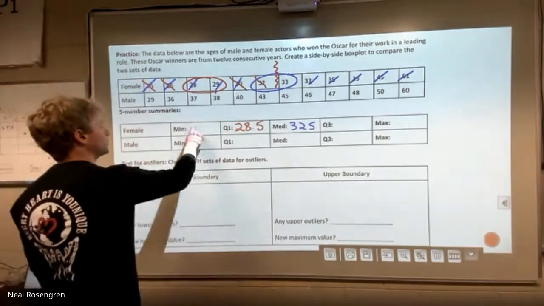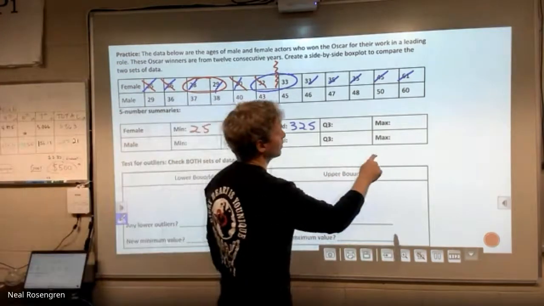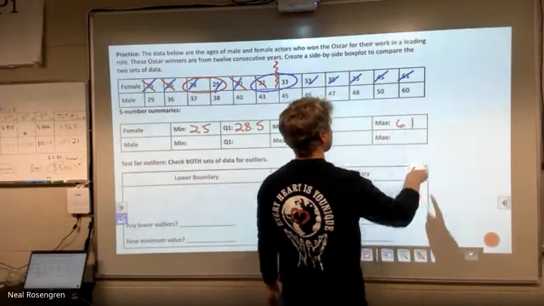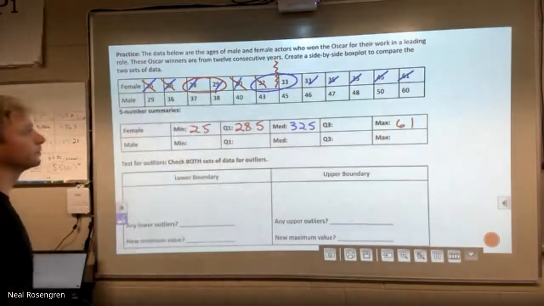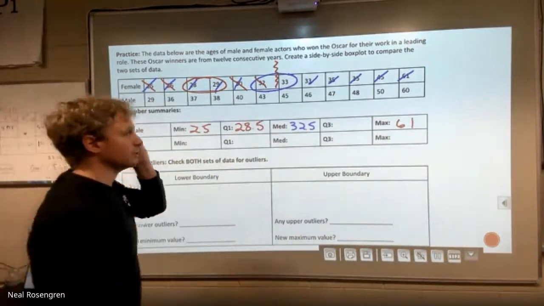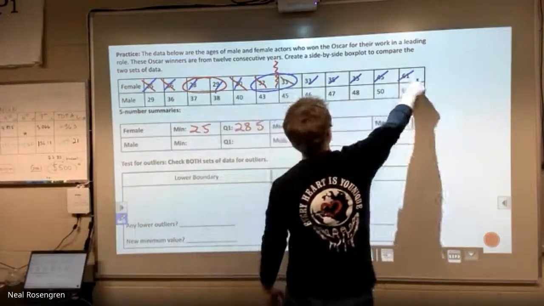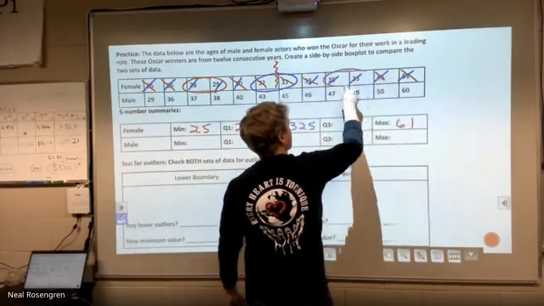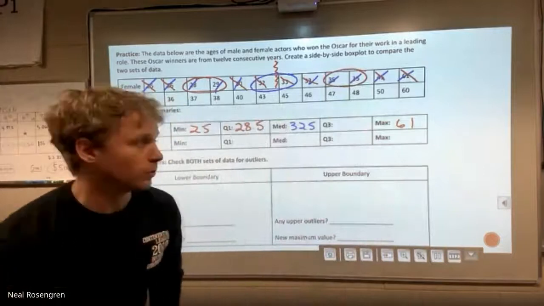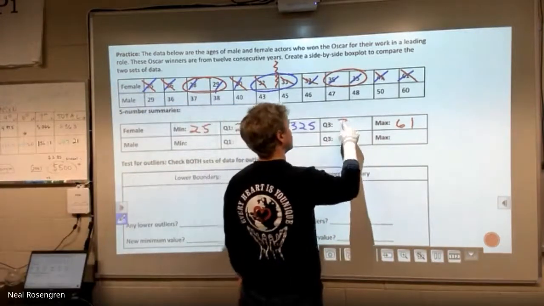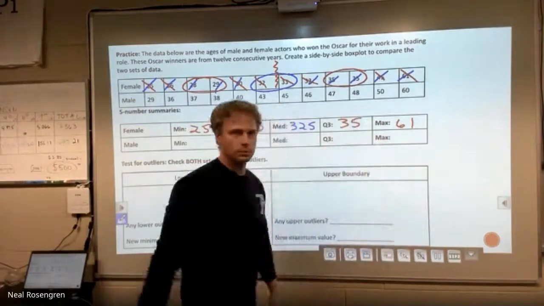Minimum 25 for sure. Maximum, what is that, 61? 61. And then I'll just do the same thing for Q3, this one, and this one, this one, and this one. And then I just have to average those 35s. Well, they're both 35, so split the difference, they're just the same.